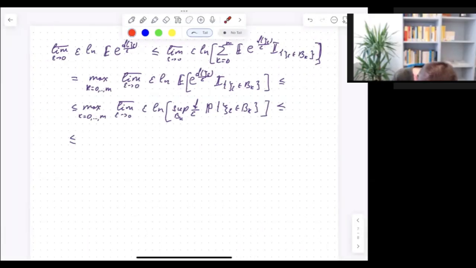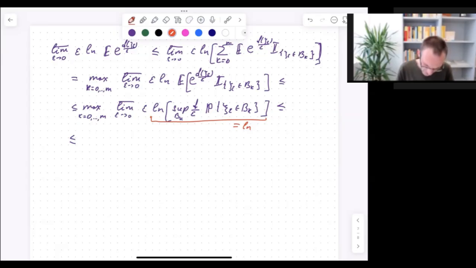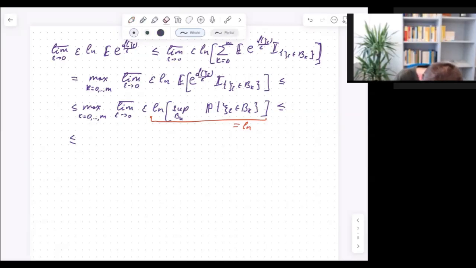But here, let me note that actually this term, which is here, is equal to the logarithm of, you can write that product as a sum of logarithms. Oh, I'm sorry again, I made a typo here. It is e to the power f of psi epsilon divided by epsilon.